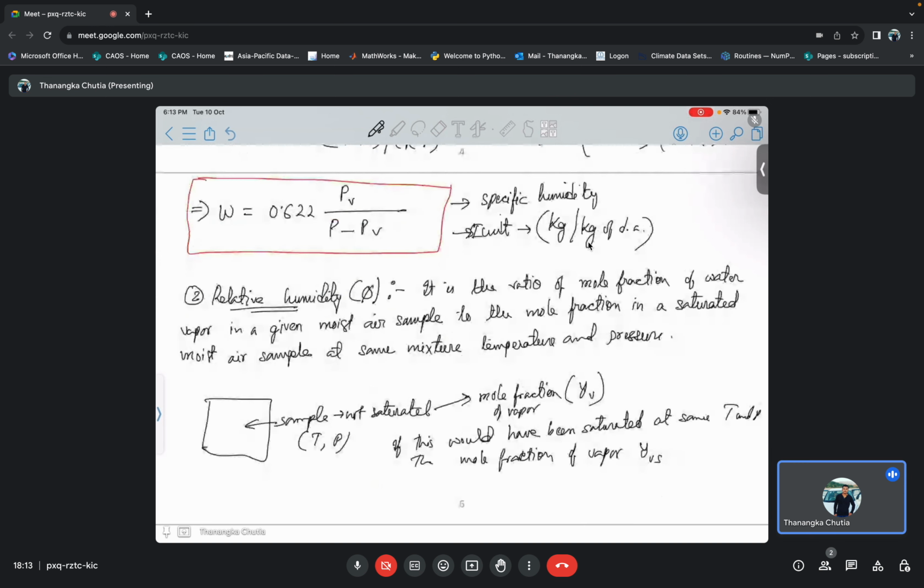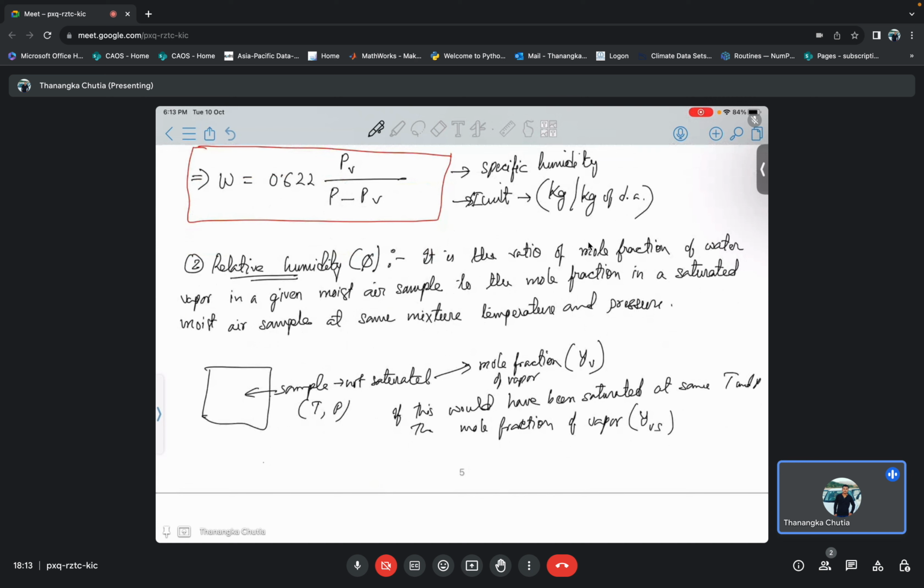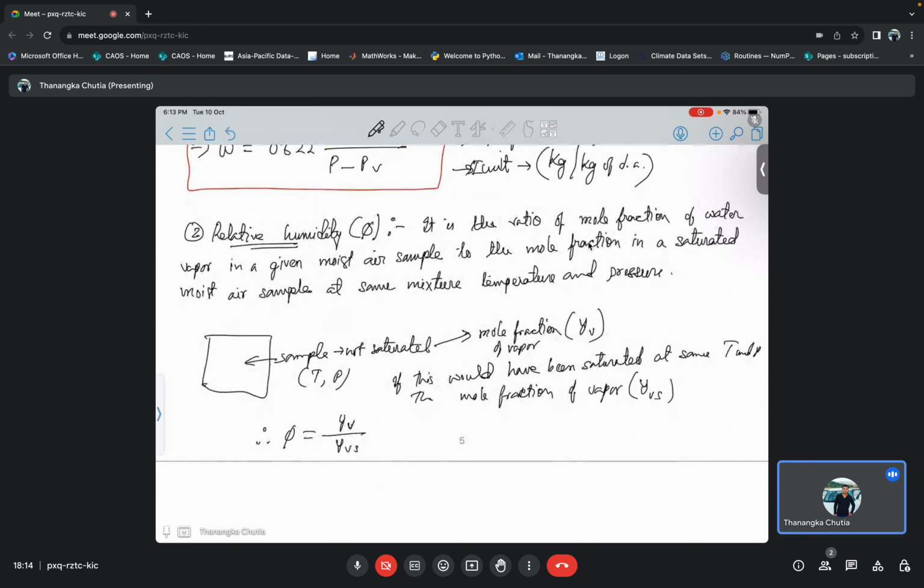S stands for saturation. Yes or no? So therefore my phi will be the ratio of yv divided by yvs. So this is your expression.